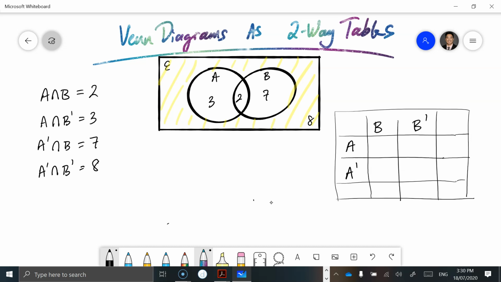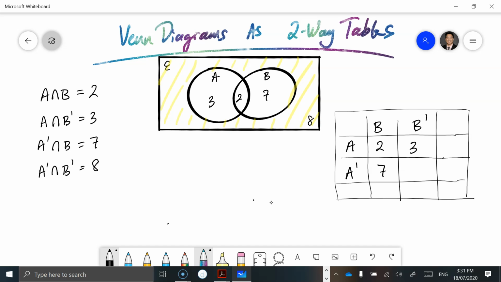This box here is the intersection of A and B. So A and B is 2. And the intersection of A and not B, so those students who only study art, is going to be 3. And those who study biology and not art is going to be 7.